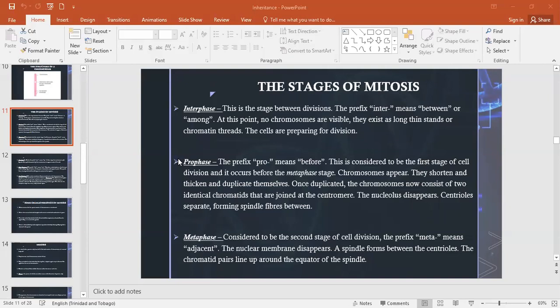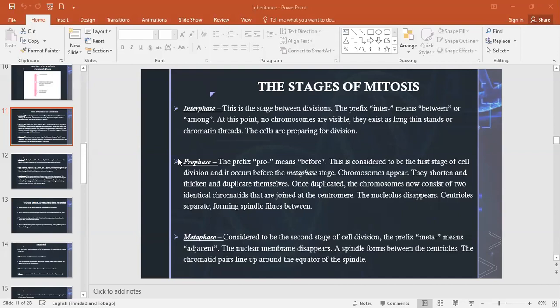Then now prophase, it is the first stage. It is called prophase because pro means before, because it occurs before all of the other stages involved. So here is where your chromosomes would begin to duplicate themselves. Now they will consist of 2 identical chromatids that are joined at a centromere.